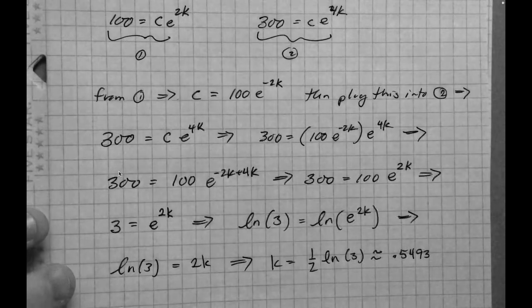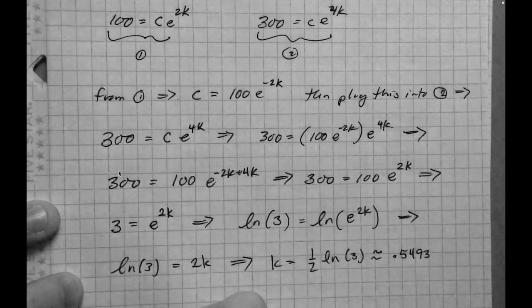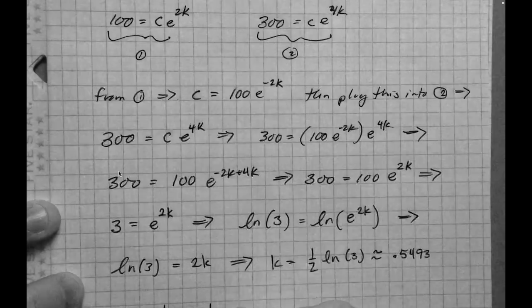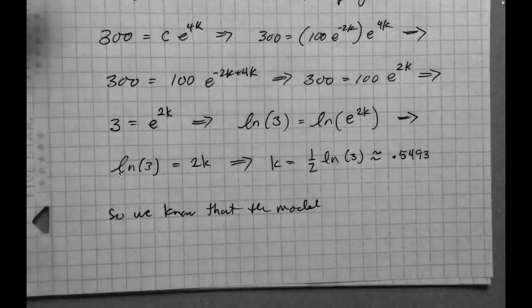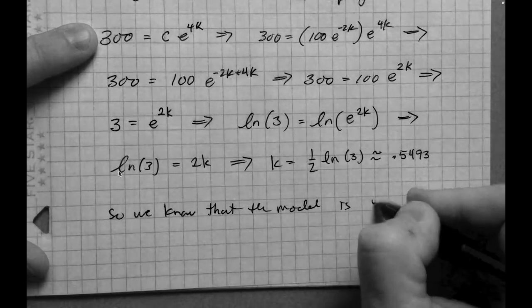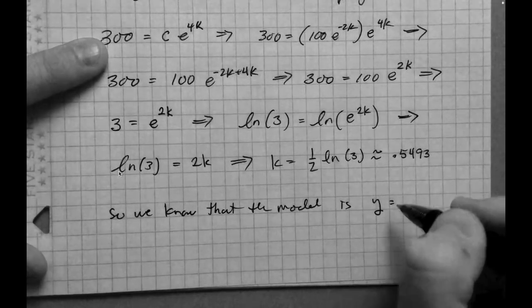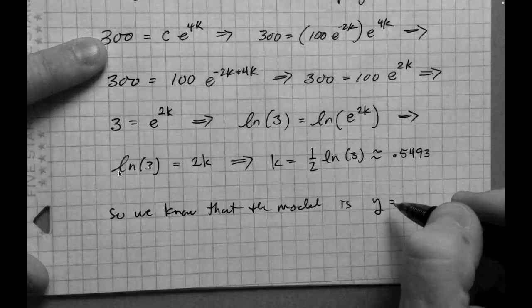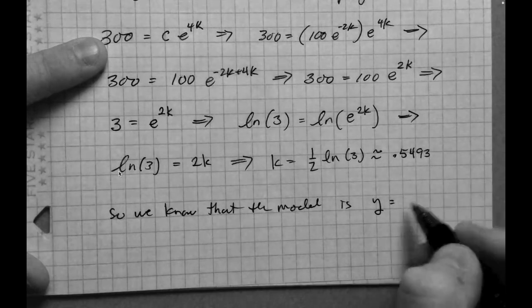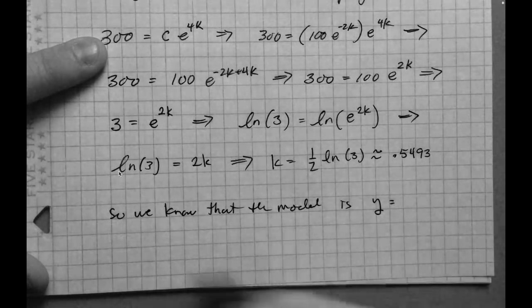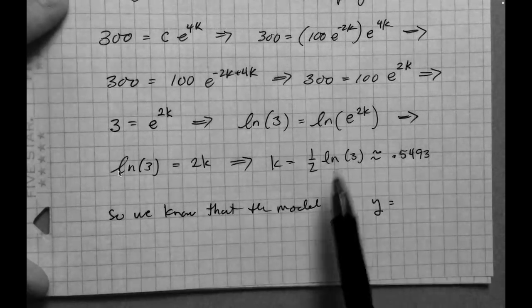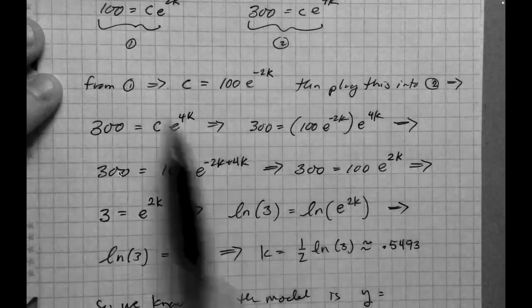Okay, and so we know that the model is y equals, let's see, what did we get? Oh, we have to figure out what C is first. First we need to know what C is up here, right?